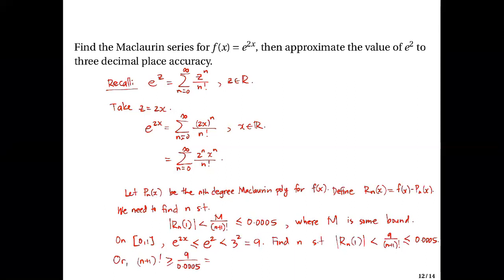If we calculate this, 9 divided by 0.0005 is roughly 18,000. So we want n such that n plus 1 factorial is at least 18,000.